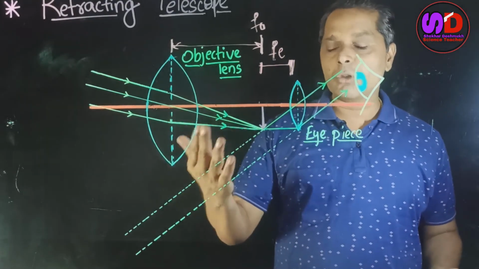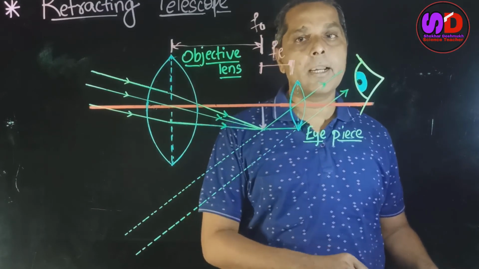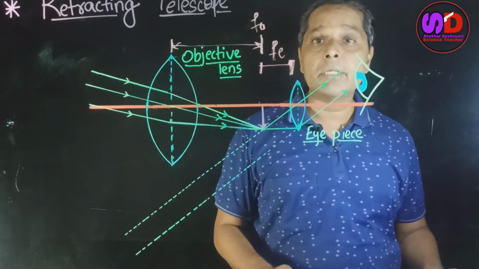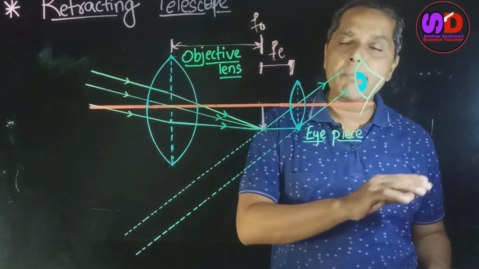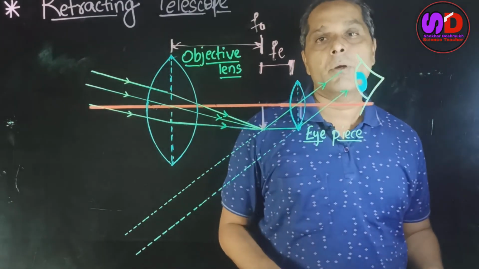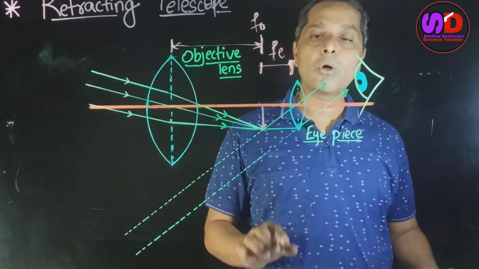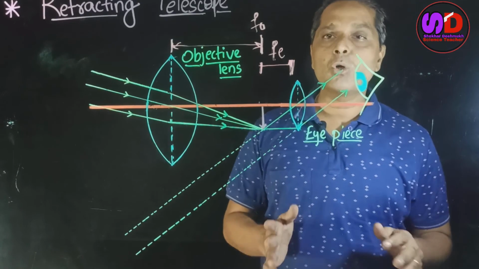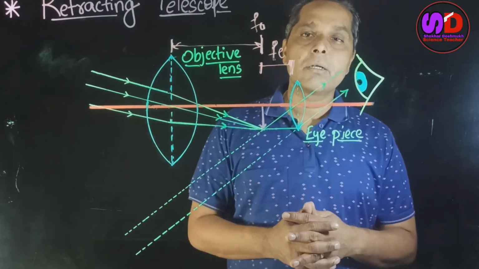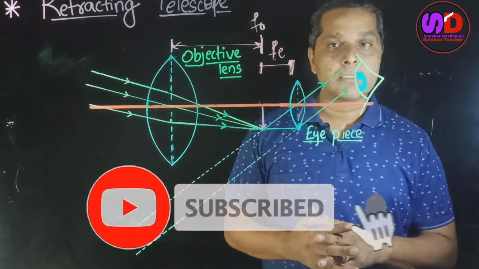And the fourth and very important use, that we already learned, is to cure hypermetropia or presbyopia: we use spectacles which have convex lens. So these are different uses of convex lens.